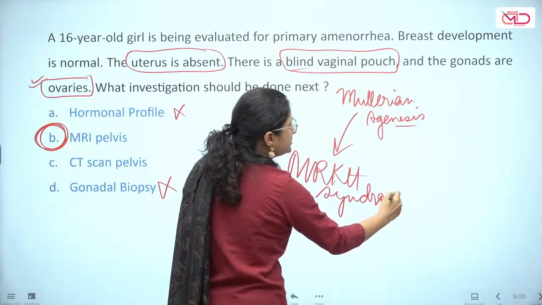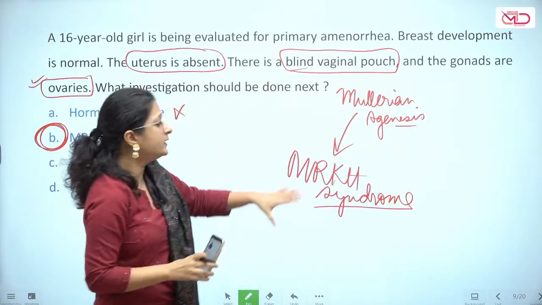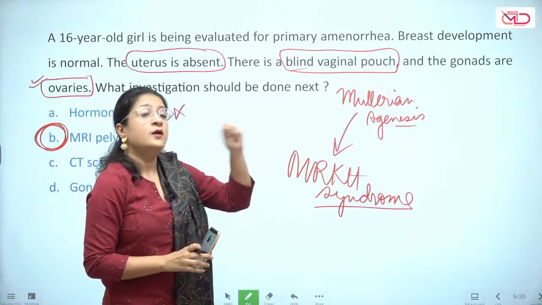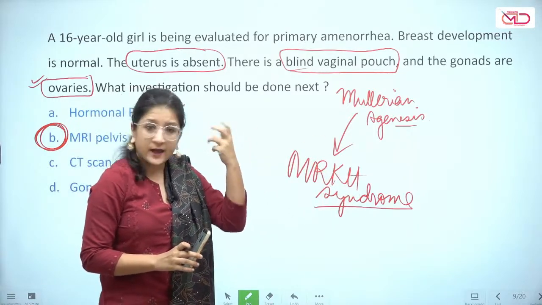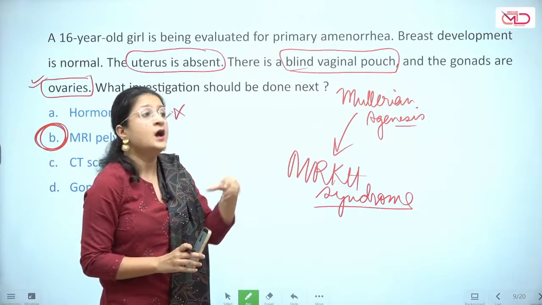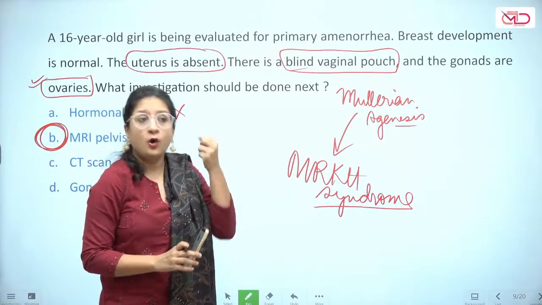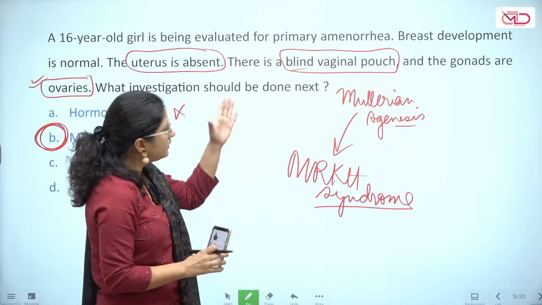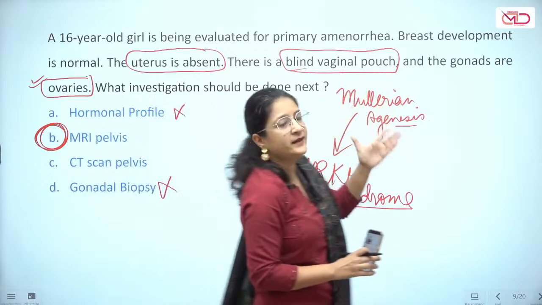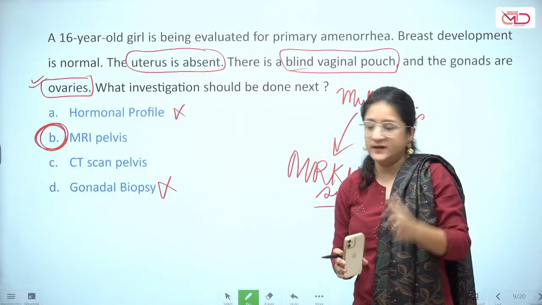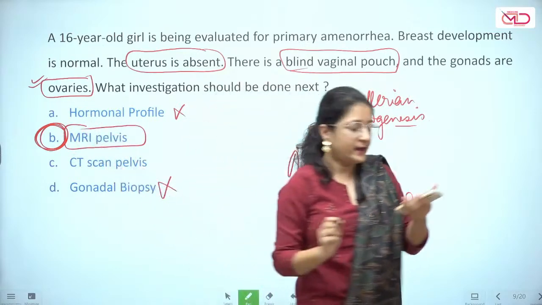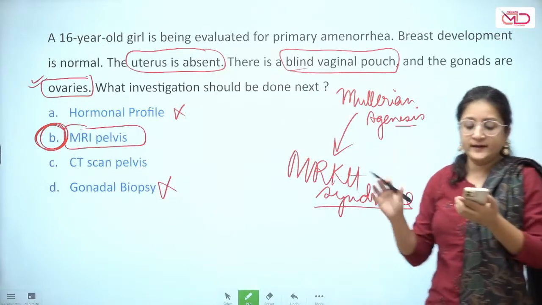Yes, Mullerian agenesis can be associated with Mayer-Rokitansky-Kuster-Hauser syndrome, where there can be vertebral abnormalities, hemivertebra, scoliosis, there can be renal agenesis, there can be horseshoe kidney, there can be urinary tract anomalies as well. So you need to evaluate women with Mullerian agenesis to look for associated urinary anomalies, and therefore you should be doing an MRI pelvis at this point.